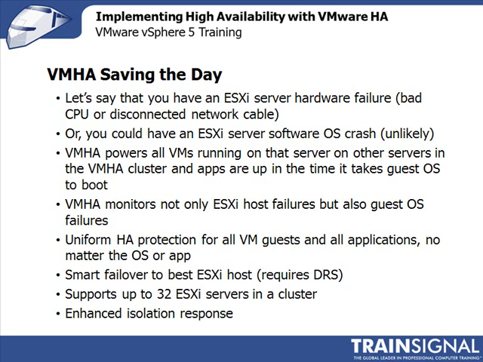Now you can also do smart failovers to the best ESXi host. That requires DRS, Distributed Resource Scheduler, and that plays in a number of ways, right? So you can configure it so that there's something called initial placement, and I'm sure David's going to cover this in the DRS lesson. With initial placement, as soon as the VM is powered on, it's going to be placed on the most suitable ESXi host based on the available resources of the ESXi hosts in the cluster.